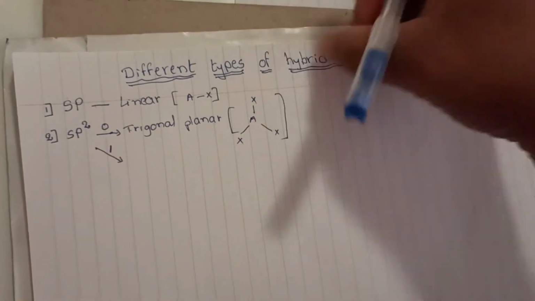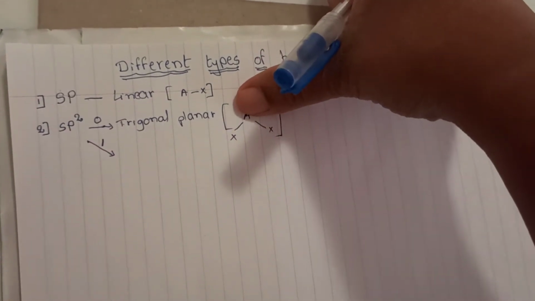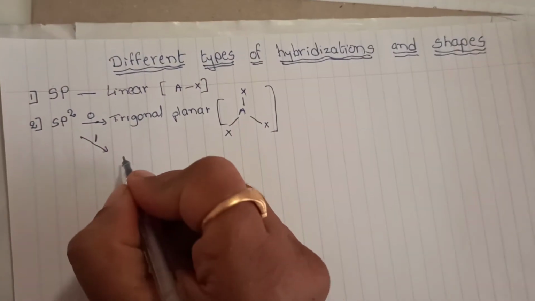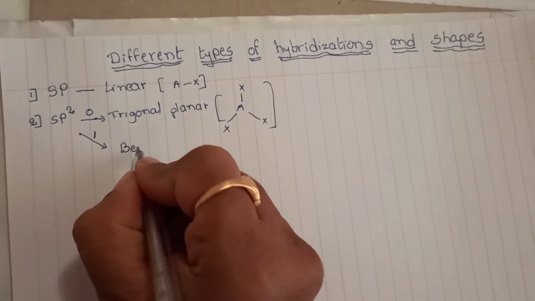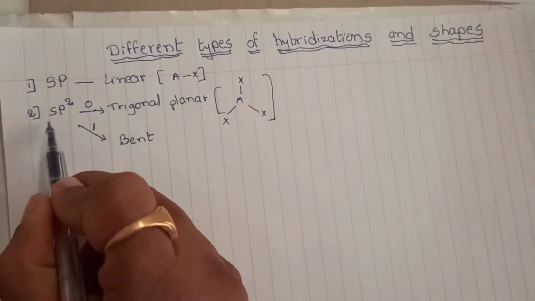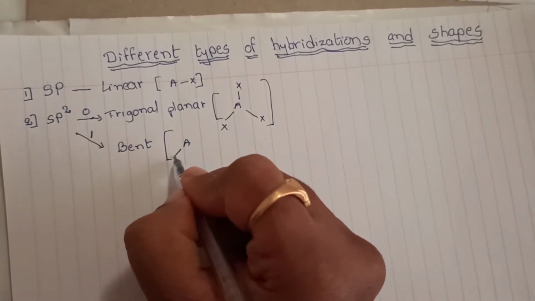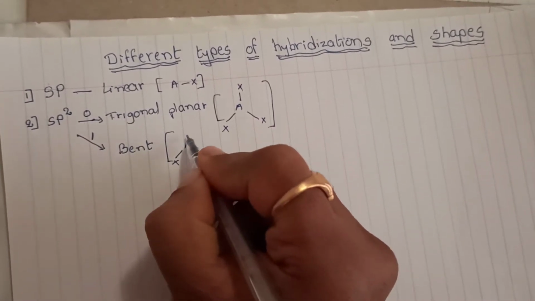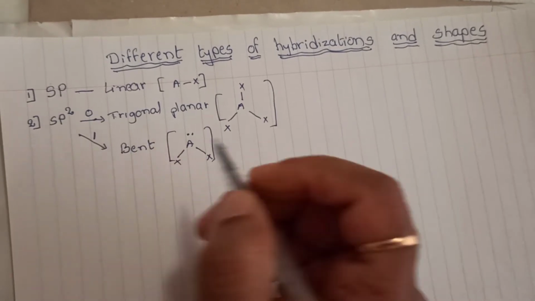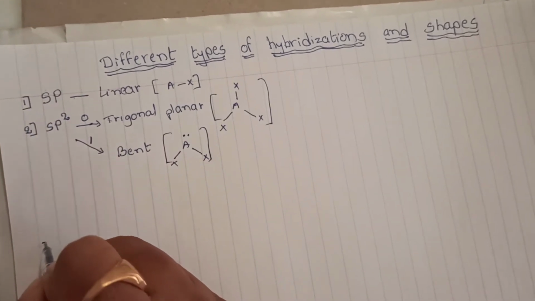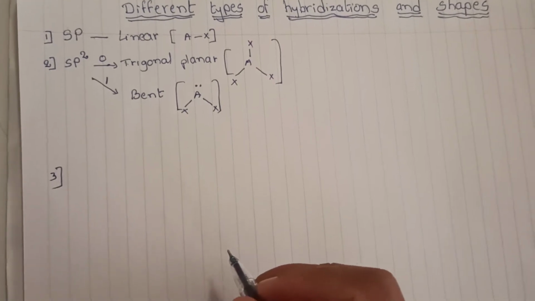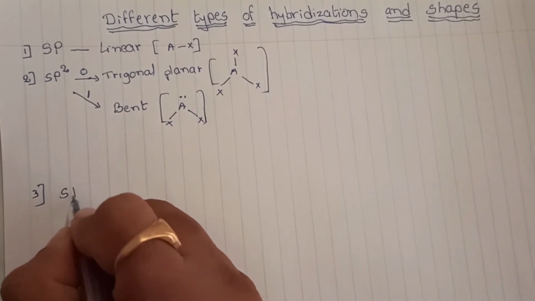That's why you just remove this part, then it becomes bent. Whenever there is a lone pair, the shape of the molecule becomes bent even though it undergoes sp2 hybridization. Okay, bent molecule.